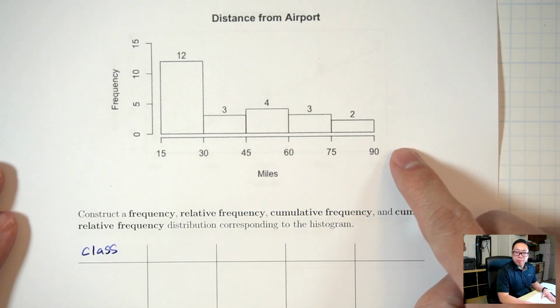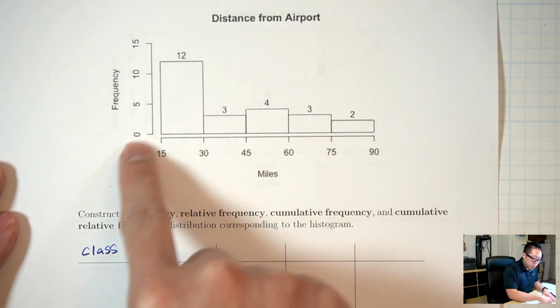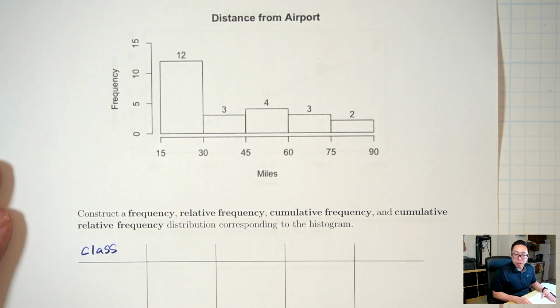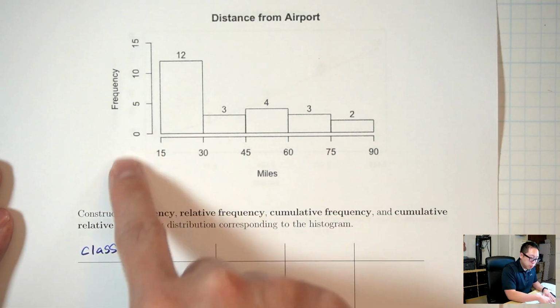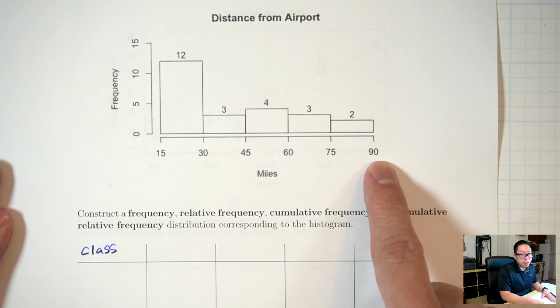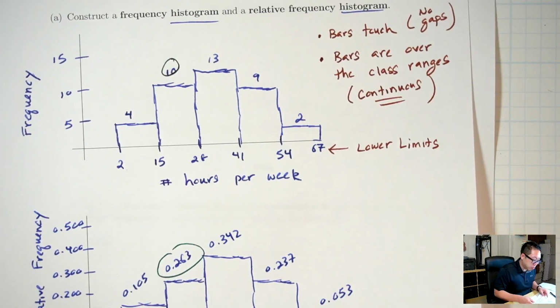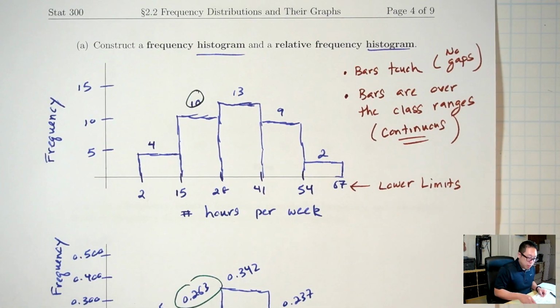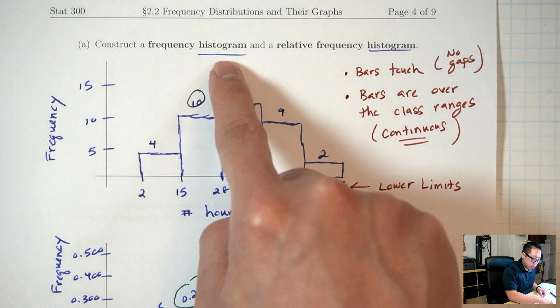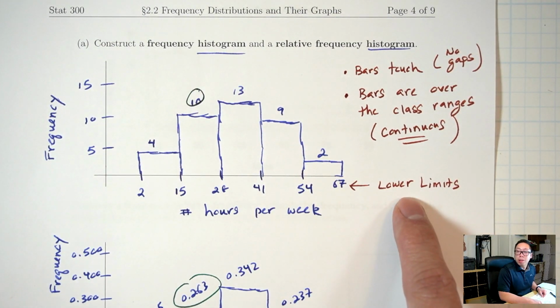Back to my histogram. Do you remember what goes on the x-axis of a histogram? What are these numbers? Are they the lowers? Are they the uppers? Are they the midpoints? If you go back to when we talked about histograms, the numbers on the x-axis of a histogram are always the lower limits.